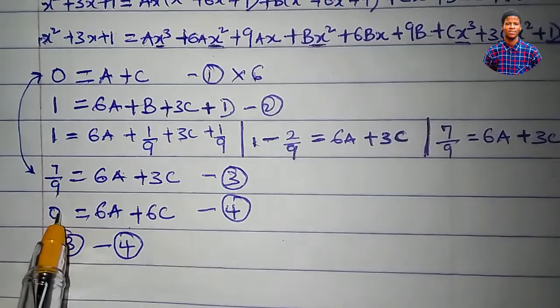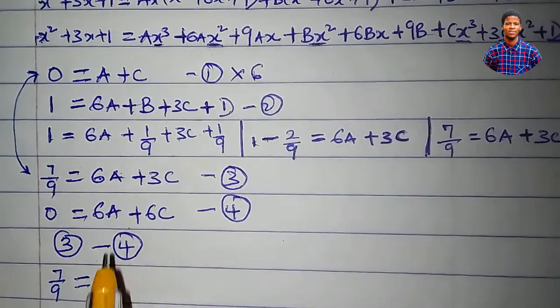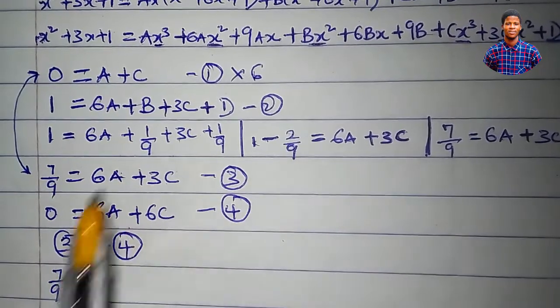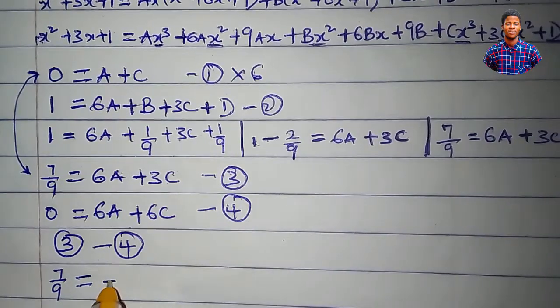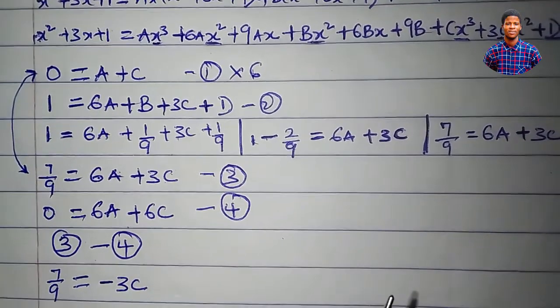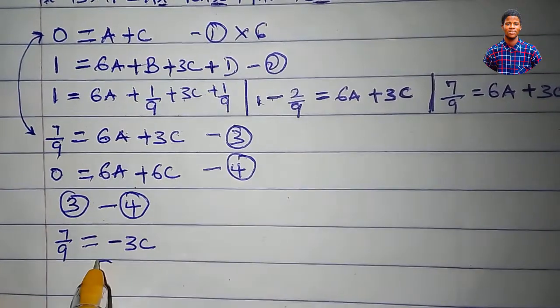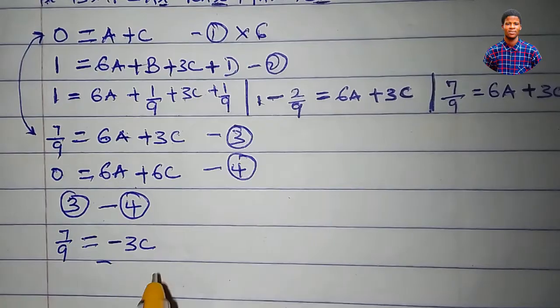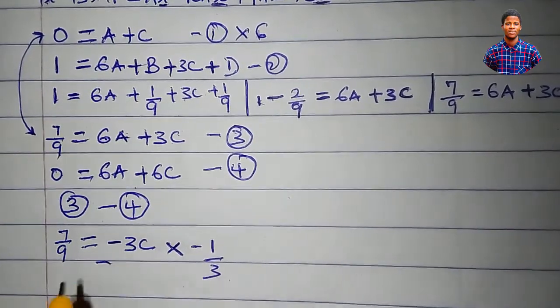Alright? 7 over 9 minus 0, 7 over 9. 6a minus 6a is out. 3c minus 6c is minus 3c. So what do we do now to get the value of c? Divide both sides by minus 3. Or we can just say multiply both sides by minus 1 over 3.